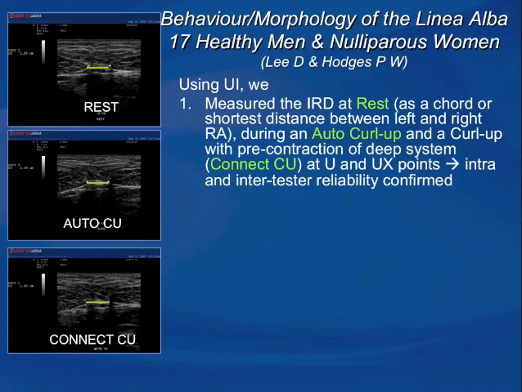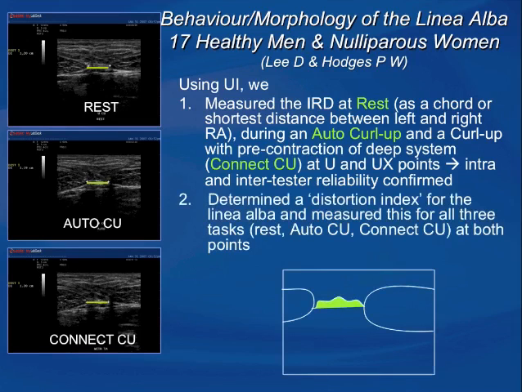Now, the next thing that we did for both groups is that we determined something that Paul Hodges has called a distortion index for the linea alba. And on the drawing on the bottom here, this wrinkly line at the top here would be a tracing of the linea alba in somebody who had a DRA, and for example, this would be during a curl-up task. And the line at the bottom would be the chord, or the so-called shortest distance from left to right side.